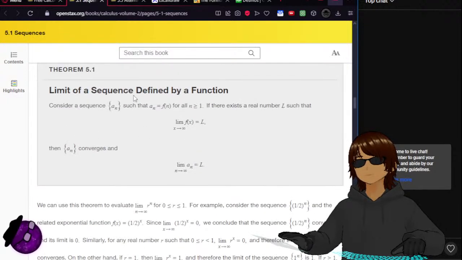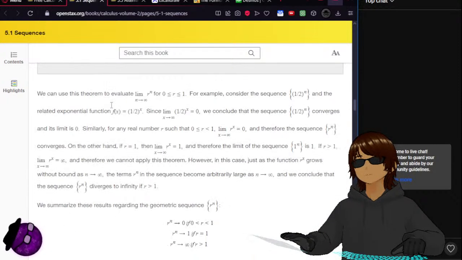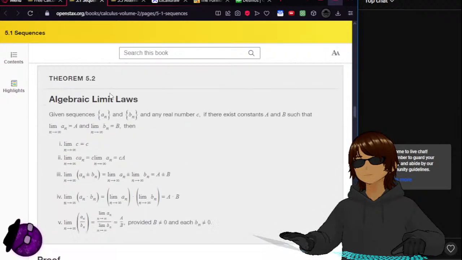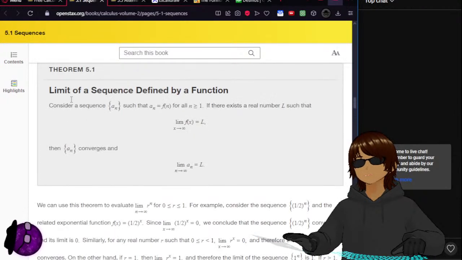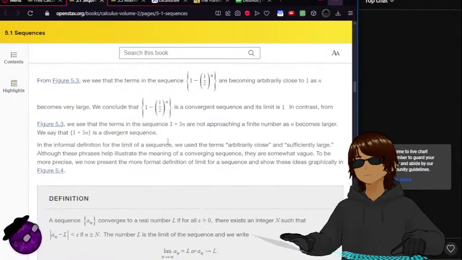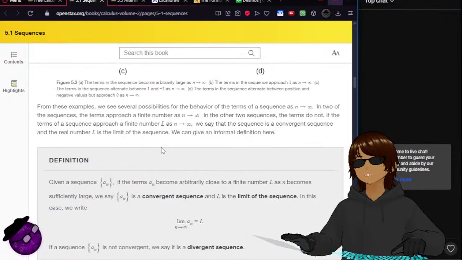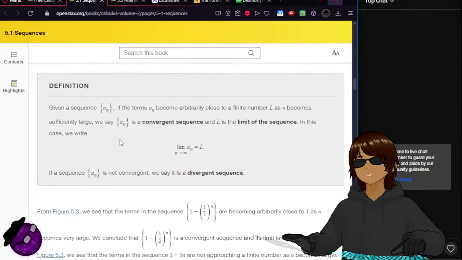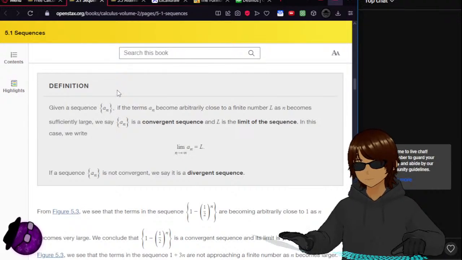Limit of a sequence defined by a function. Hold on, what's this? Okay, first of all, let's try to understand this. Given a sequence, I already read this, but I'm doing a revision.